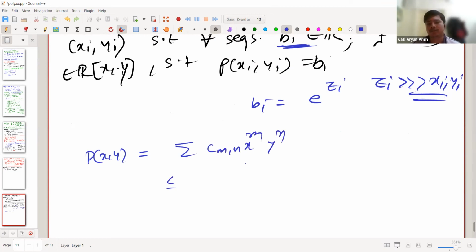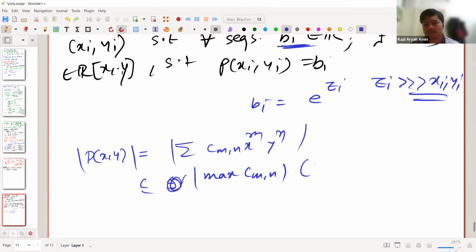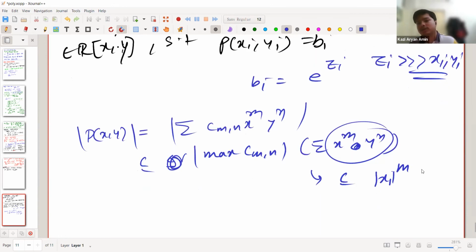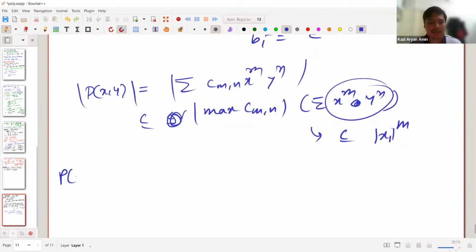Suppose it was something like the sum of c_mn x to the power m y to the power n, right? You can just take the max of the absolute values of c_mn and work with that. And this is at most, when we are working with x_i and y_i, something like that max times max of x_i comma y_i to the power m plus n, and that's how the bound works out.